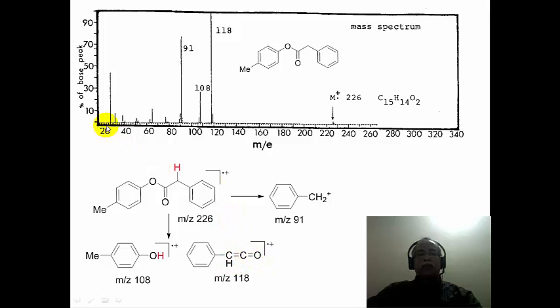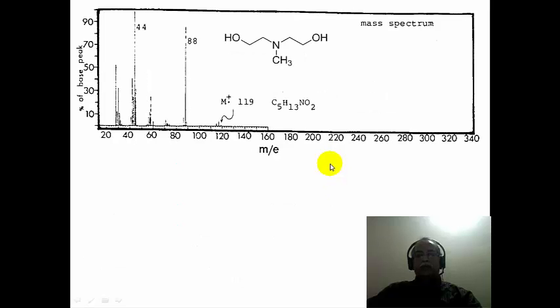So the fragmentation essentially corresponds to a hydrogen migration with the concomitant breaking of the carbonyl carbon bond in this molecule, resulting in the formation of these two fragments, which account for the overall fragmentation of this molecule.